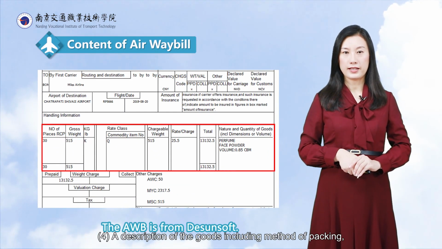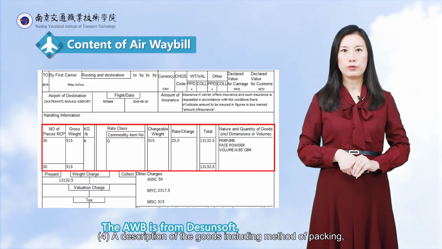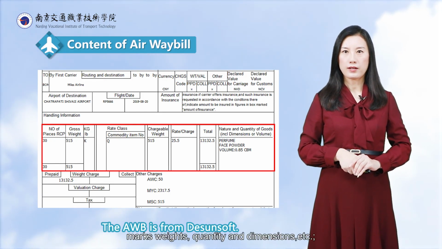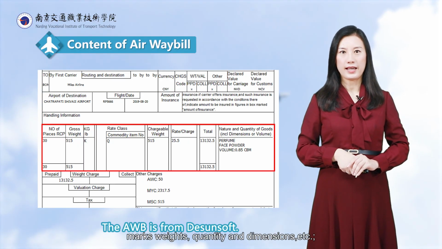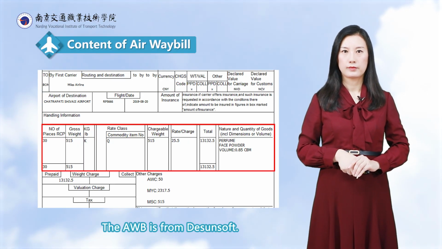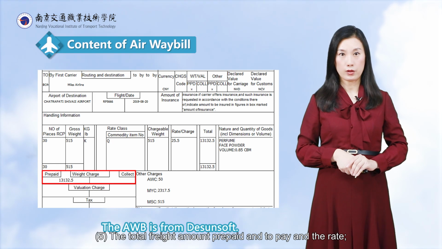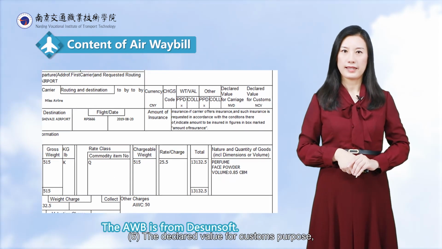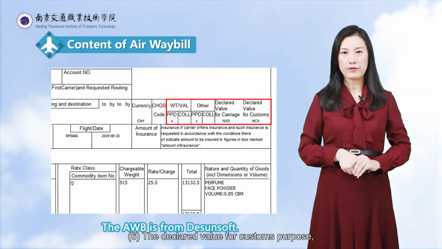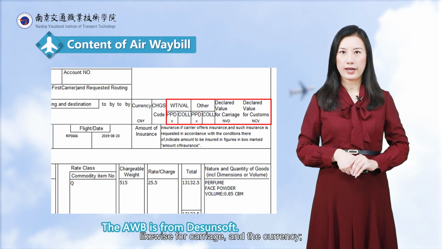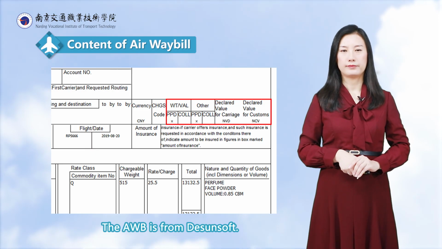Fourthly, a description of goods including method of packing, marks, weights, quantity, and dimensions. Then the total freight amount prepaid and to pay, and the rate. Next, the declared value for customs purpose, likewise for carriage, and the currency.